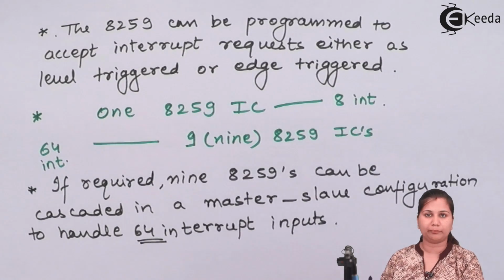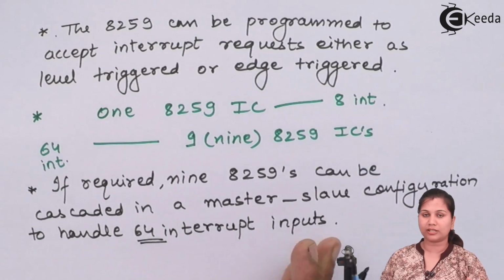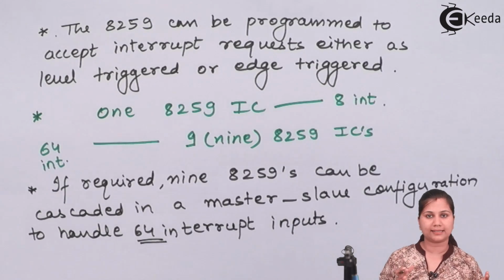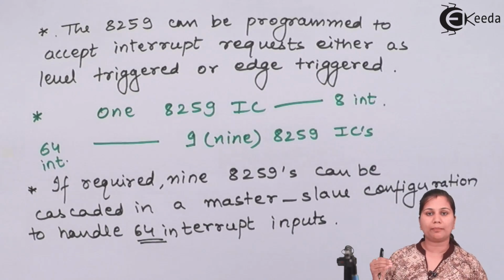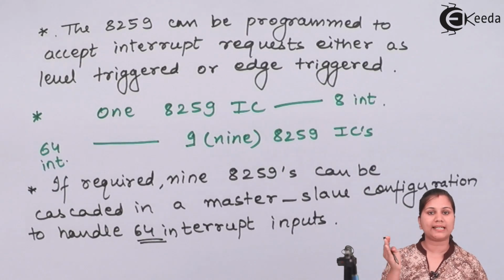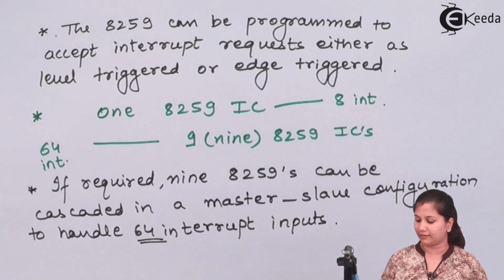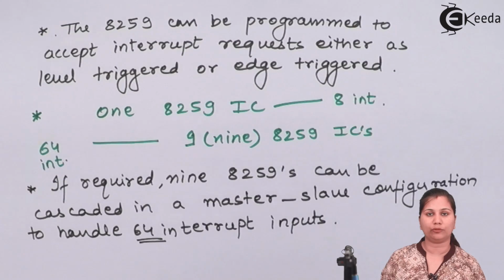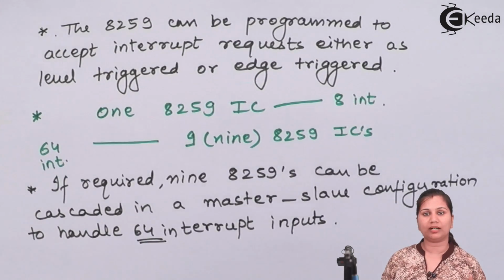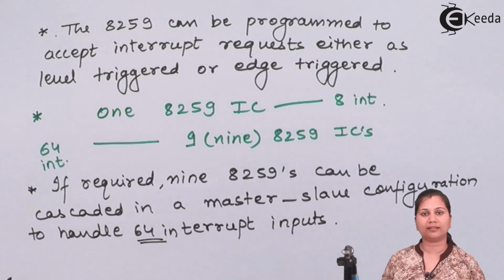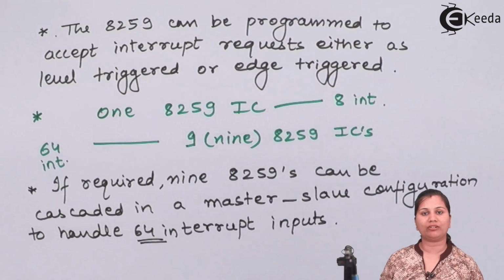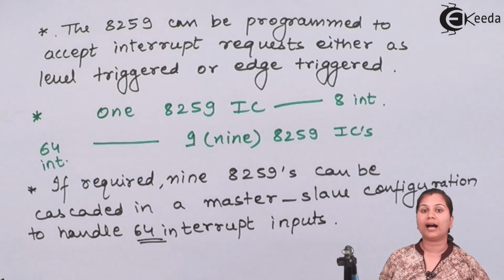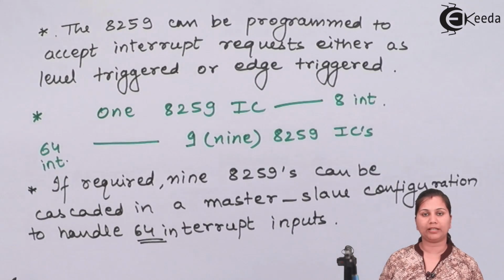In this configuration, 8 ICs will act as slave ICs and one will act as the master IC. The input output devices which are sending the interrupt request will send their request to the slave 8259, and those slave 8259s are going to send the request to the master 8259, and this master 8259 IC is then going to give the INTR interrupt request to the microprocessor.